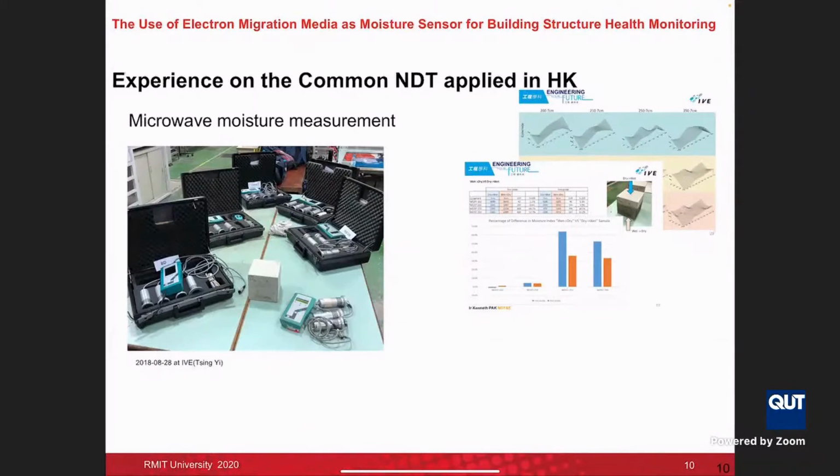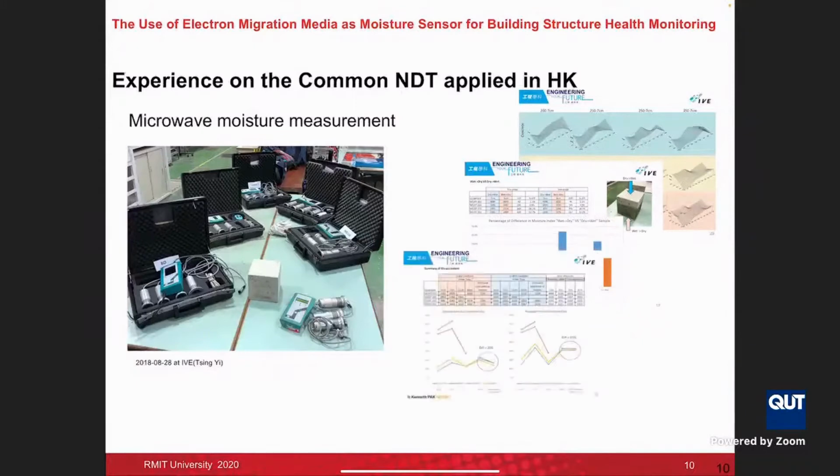and the device is based on EM waves, so the reinforcement interferes with the result. So that is not quite accurate in the actual measurement, and our study shows that we need some more work before we say that the method is helpful and reliable.